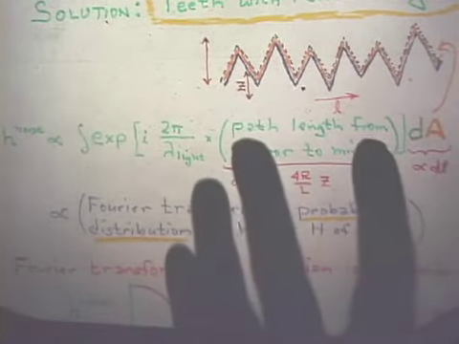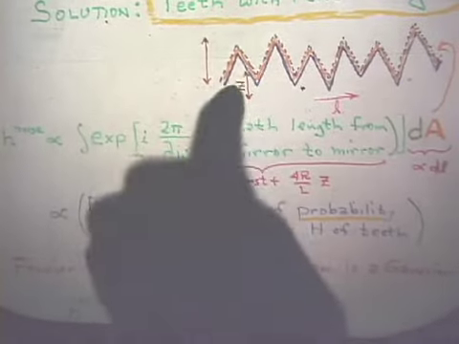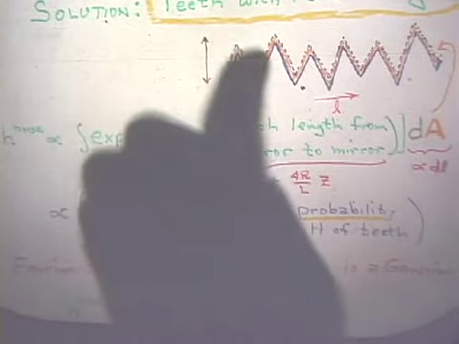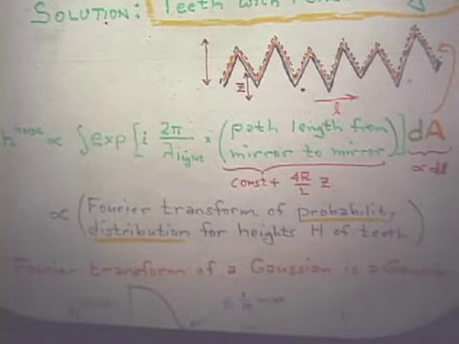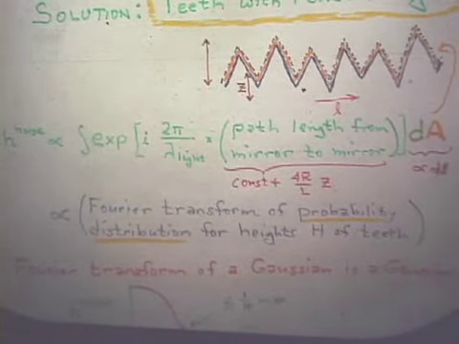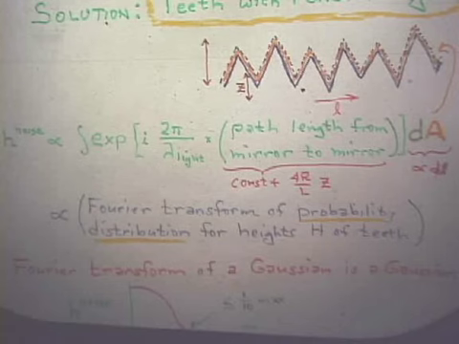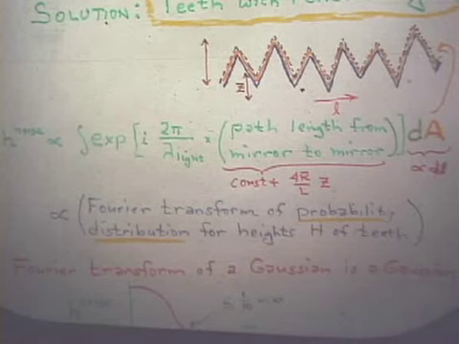So when you do the integral along the edges and get a number from here, a number from there, it winds up being a Fourier transform of the probability distribution for the heights of the peaks and valleys. So you just have to do a little bit of mathematics.